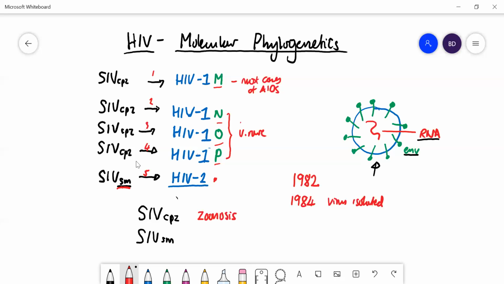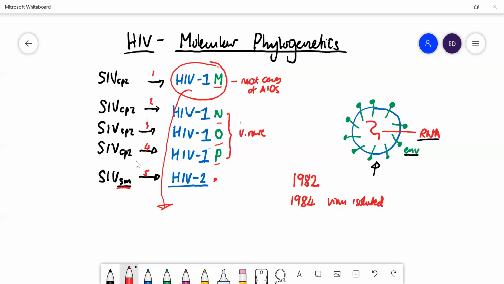Now, the one we're going to talk about today is this one here, HIV-1M. Since the zoonotic event occurred and it infected human beings, it has now diverged into 10 different clades.